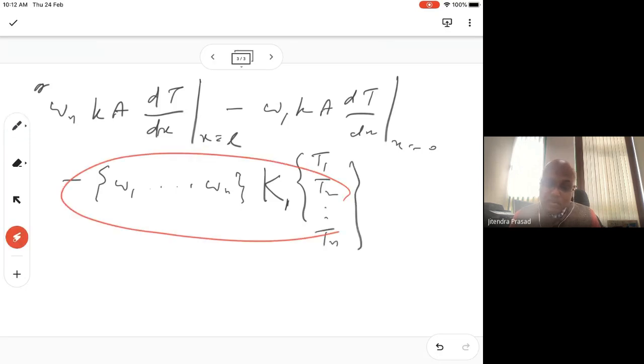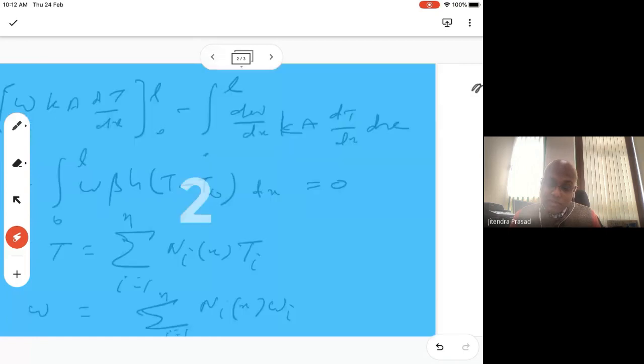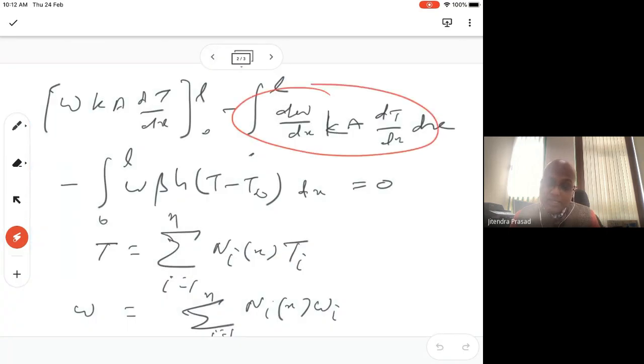So this is because of this, because of the second term. And then we also have the third one. The third one is because of just this, because W times T is there.